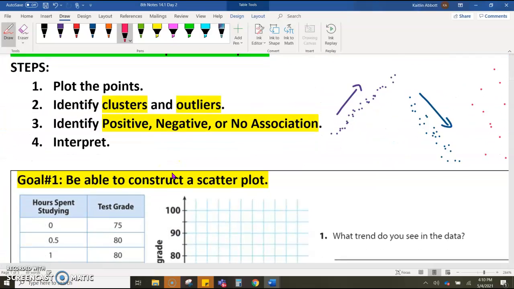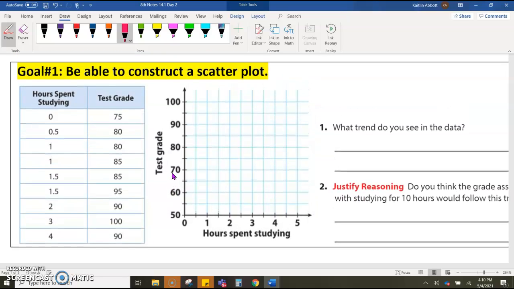All right. So yes, again, we have to plot all of these. Let's look at our axes here. We have hours spent studying, and here's hours spent studying, and then we have test grade.